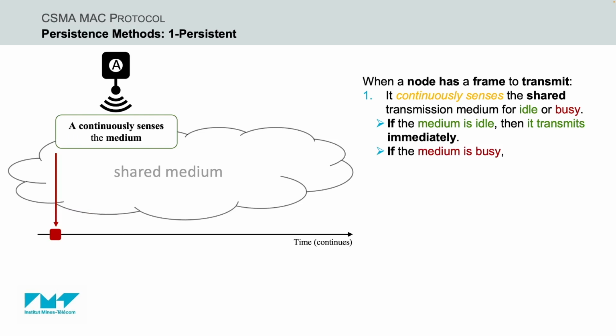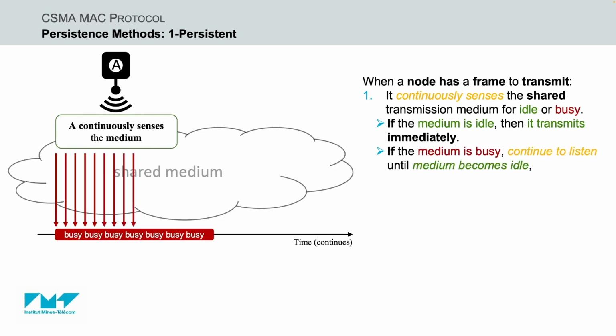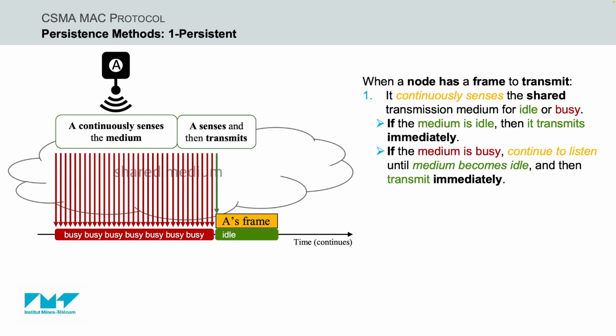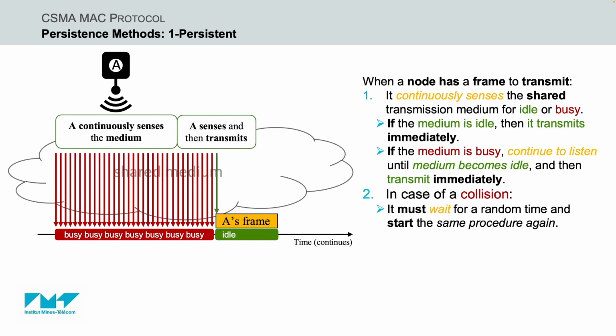However, if the shared transmission medium is busy, then the node will continue sensing the shared medium until it becomes idle. Once the shared medium is idle, the node transmits its frame immediately with probability 1. In fact, due to probability 1, it is called one persistent CSMA.